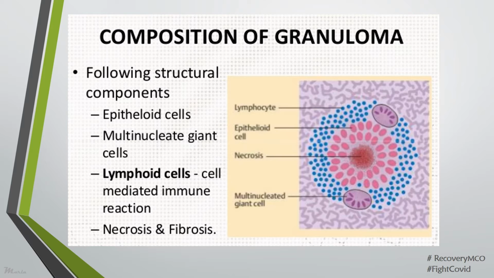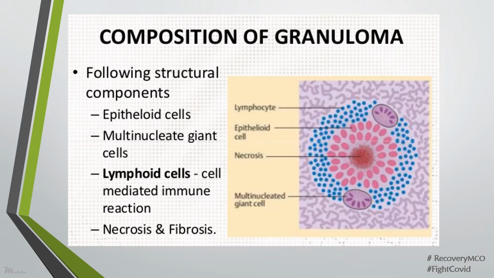In response to a poorly degradable substance, the number of macrophages will increase and they will show certain alteration within their structure, such that numerous macrophages will be present adjacent to each other within the connective tissue. Because of this appearance, they resemble the cells of the epithelium and have been referred to as epithelioid cells.